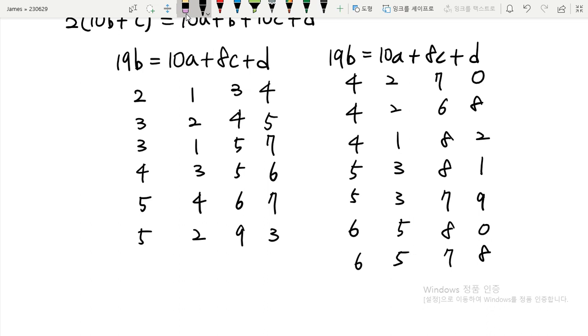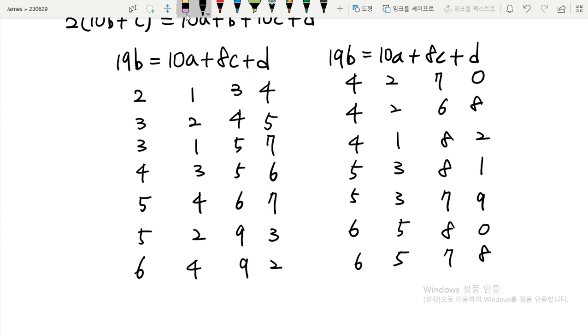How about 6 and 4? B is 6 and A is 4. Yeah, 9 and 2.